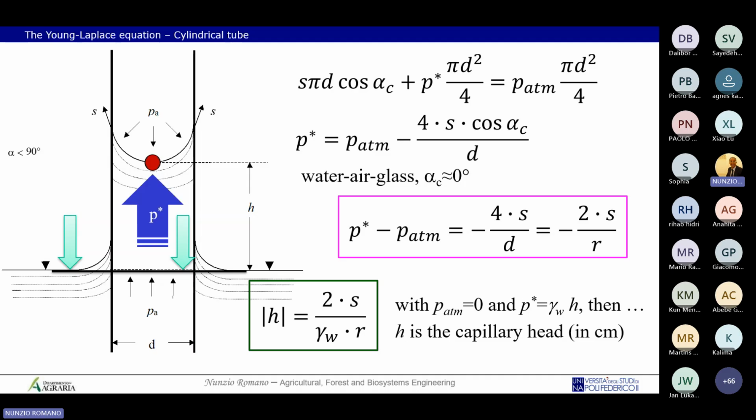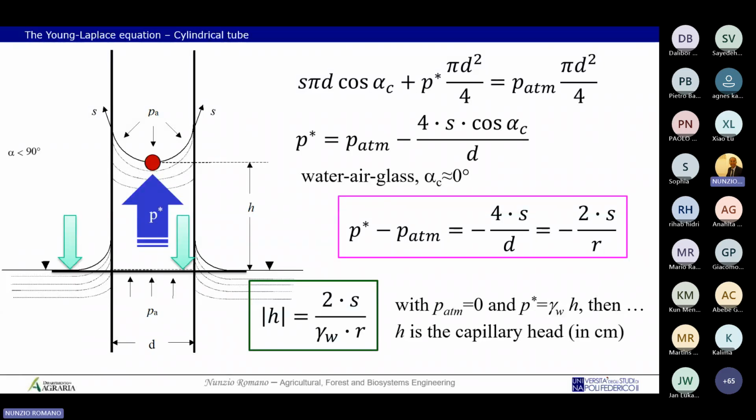I hope you have this concept clear. This black line is the line where the pressure is the same over the line. And which pressure? The atmospheric pressure. So the pressure is 0 here, but at the red point just below the meniscus, the pressure is negative. There is a suction, and this is why the water can move from the lower level to the upper level into the tube. And this is the phenomenon of capillary rise.